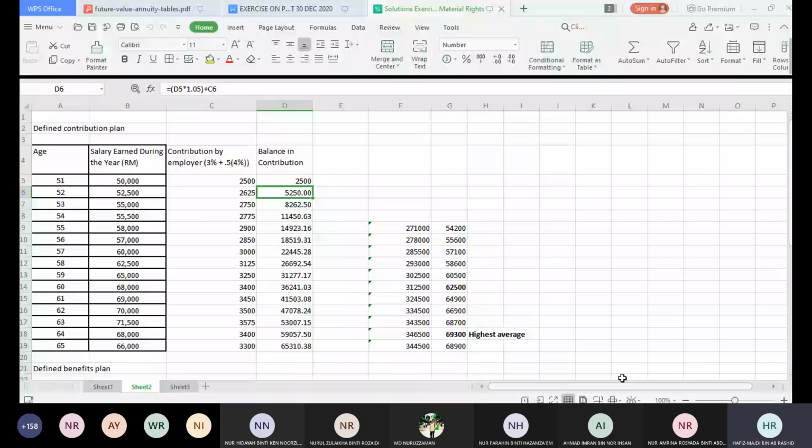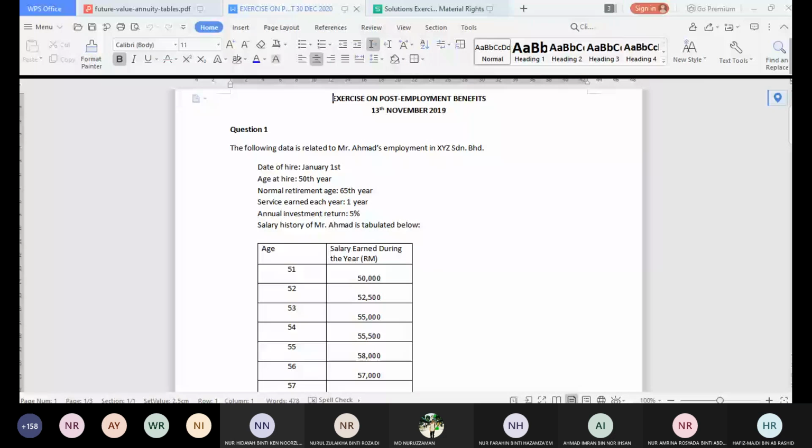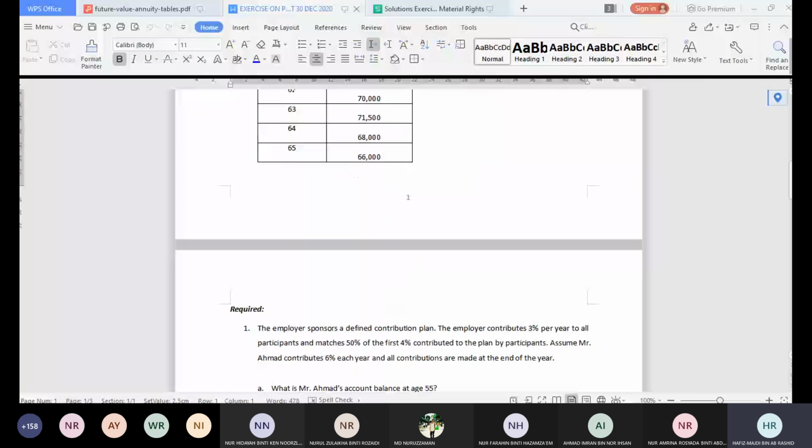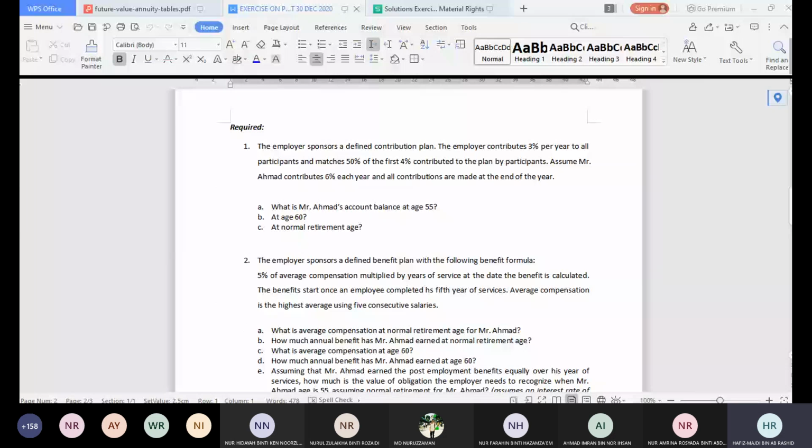So now we look into the question on defined benefit plan. Question number 2 from the first question is about defined benefit plan.